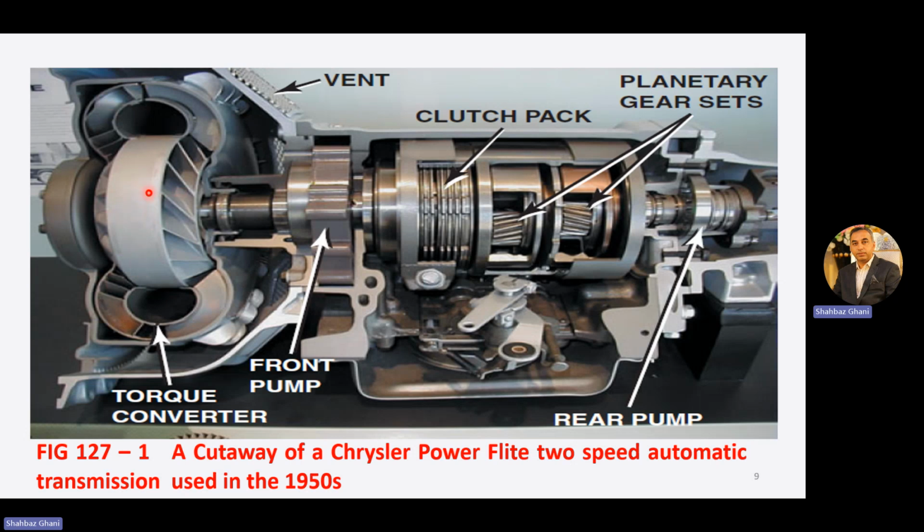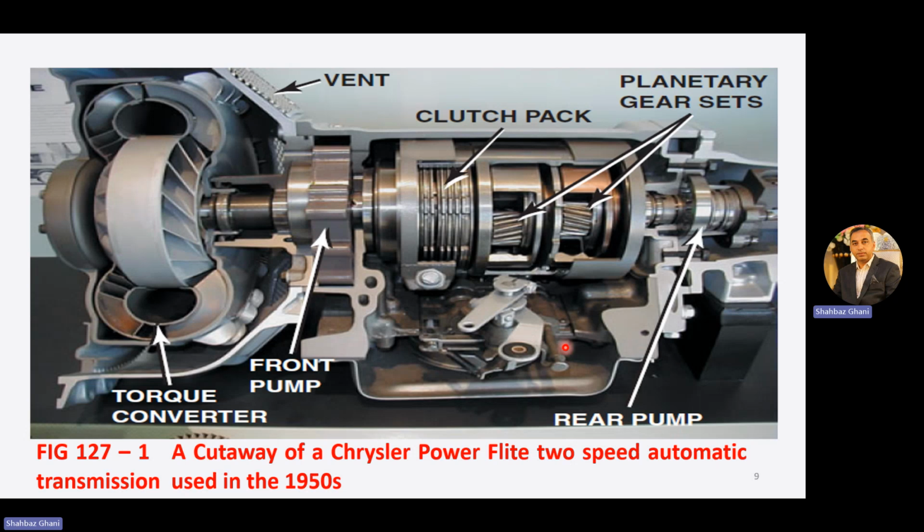From the turbine, this shaft goes to the front pump and to the clutch packs. From the clutch packs it goes to the planetary gear sets, and from the planetary gear sets to the rear pump, which is used to drive the planetary gear system of the transmission or transaxle of the automatic vehicle.